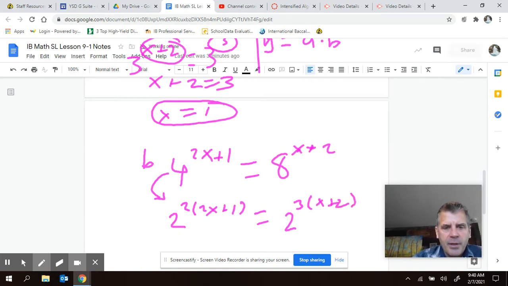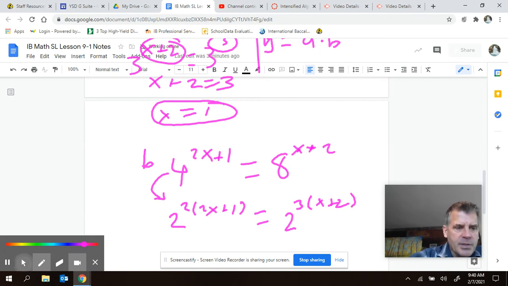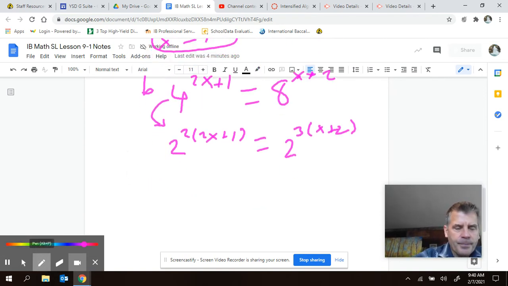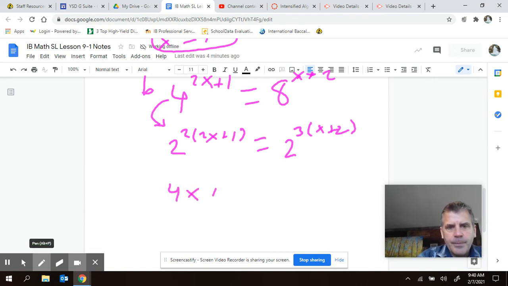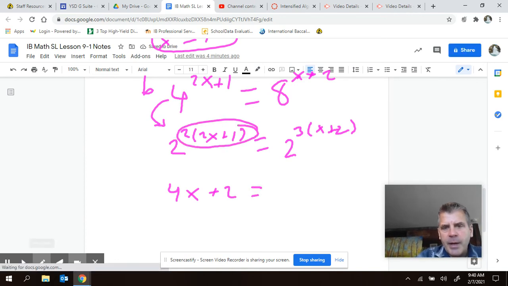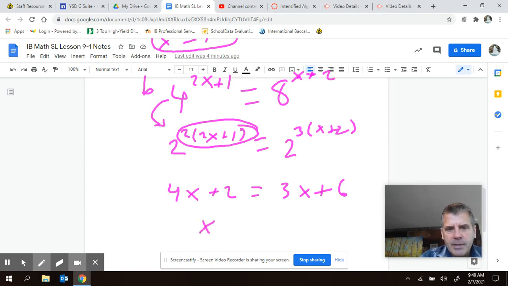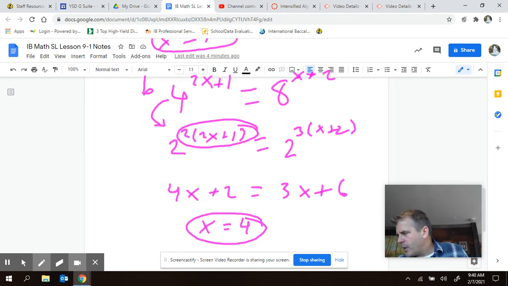And now that allows me to apply the rule yet again to be able to solve this for x by saying that I'm going to go ahead and distribute this, 4x plus 2. This is the top first exponent, equal to 3x plus 6. Standard basic equation to solve there to find out then that x is equal to 4. So rewriting our common bases, making them common to be able to solve these.